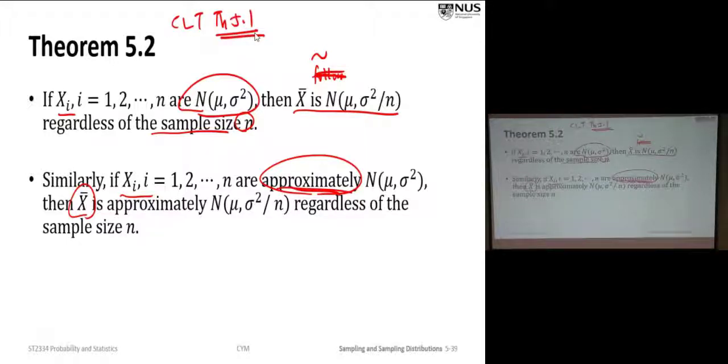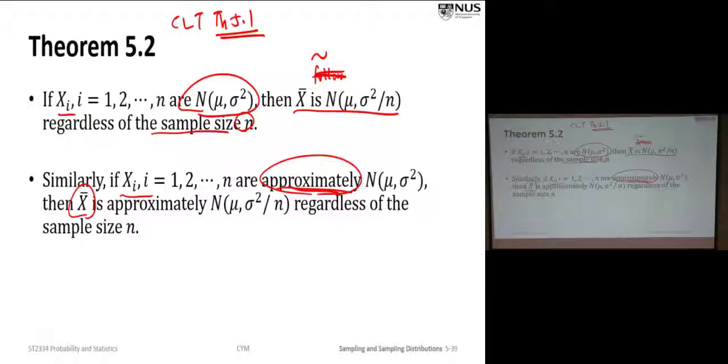For that one, we don't assume any distribution. So in other words, now we have two theorems. The first one is the central limit theorem. We don't need to know the underlying distribution. So long as the sample size is large, X bar follows approximately normal. Another theorem says that if the underlying distribution is normal, X bar will follow normal.